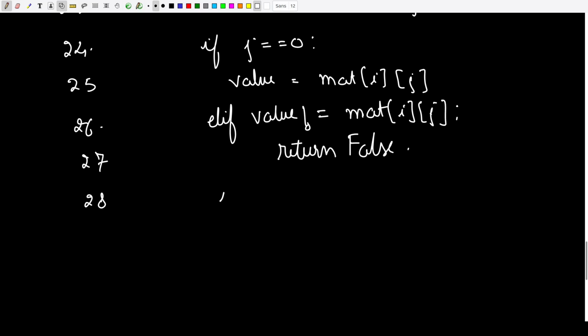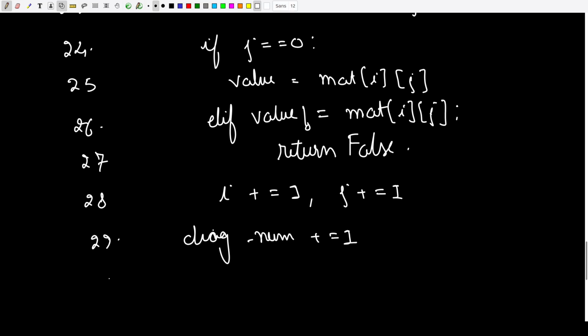And after doing so, let us increase our ith by 1 and jth by 1. And once the diagonal while loop ends, let us increase our diagonal number by 1. And let us say if lower diagonal, upper diagonal, and middle diagonal exhibits the property of Toeplitz matrix, then we are going to return true.